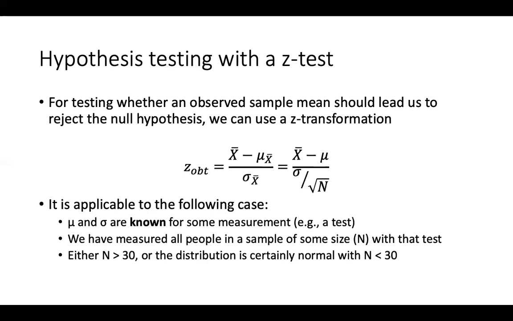So what we need to have in place is that we measure all people in a sample of some size with that same test. And either the sample size has to be greater than 30, or the measurement, like IQ, for example, that we're taking, we have to make sure that it's definitely a normal distribution.